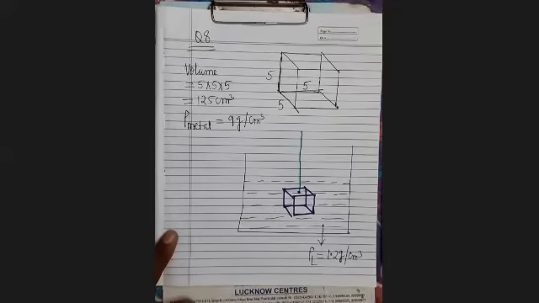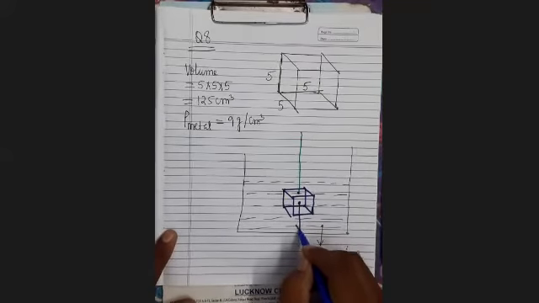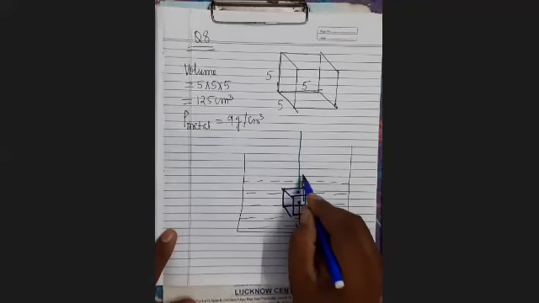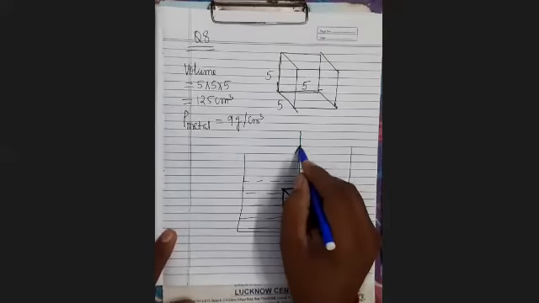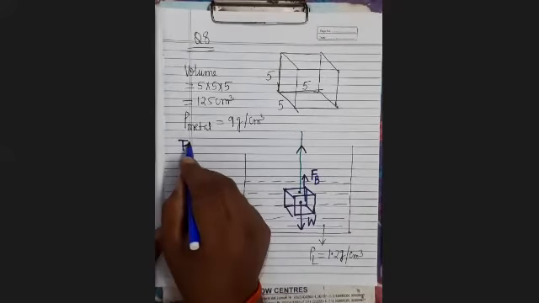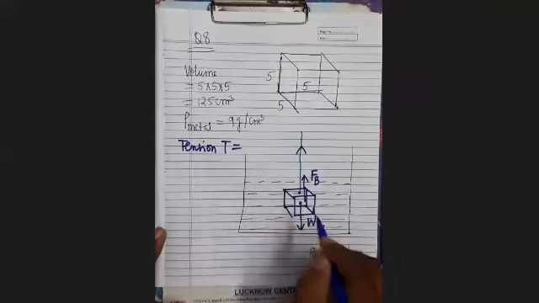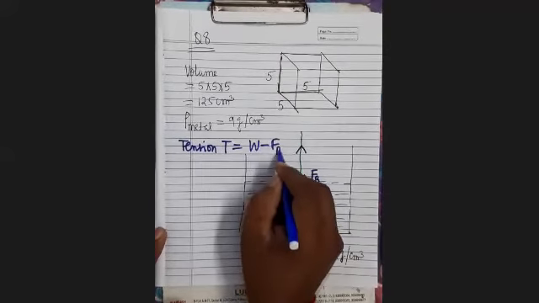So, what will be the tension in the thread? You can see here its weight is acting downward, upthrust is acting upward. So, what will be tension here? Tension will be equal to weight minus upthrust.